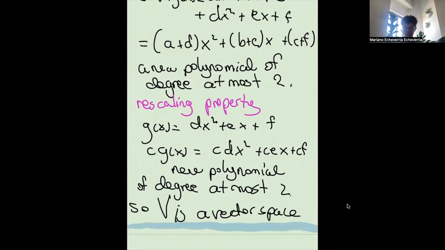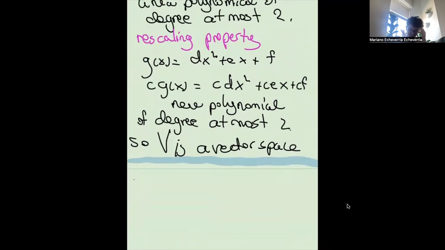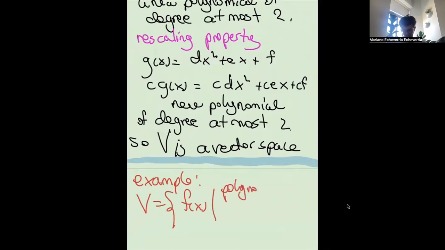Here's an example that is not a vector space in the same line. So imagine I had defined the set of polynomials whose degree is exactly 2. So polynomials of degree exactly 2.